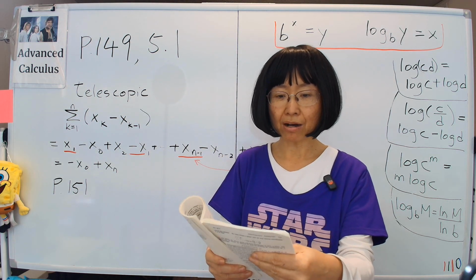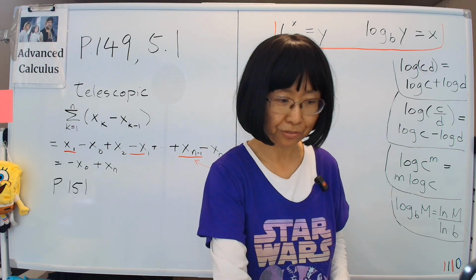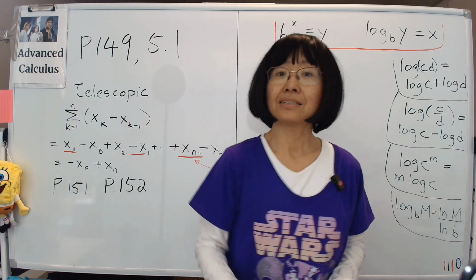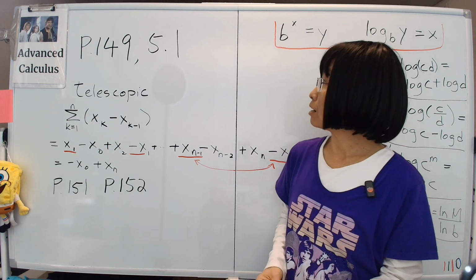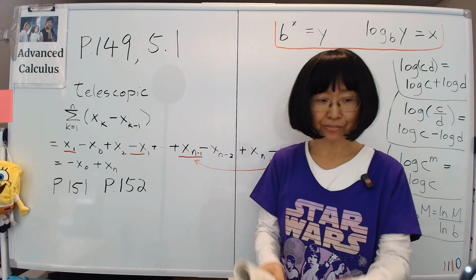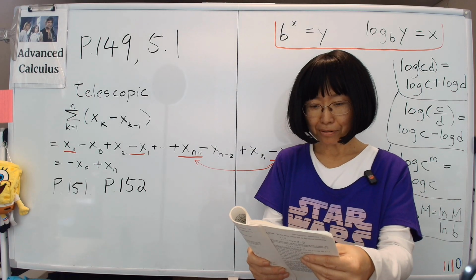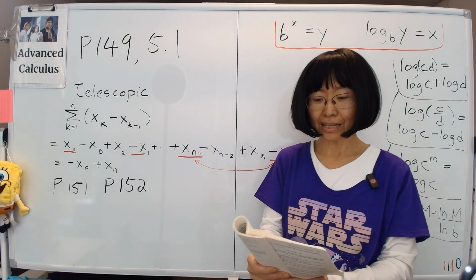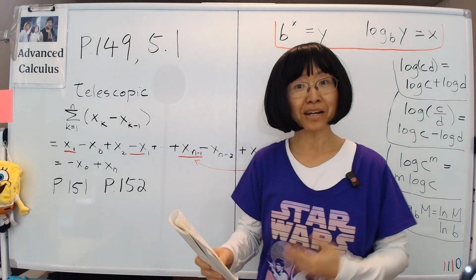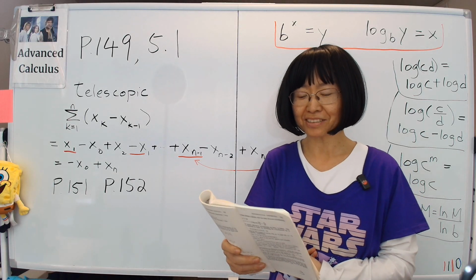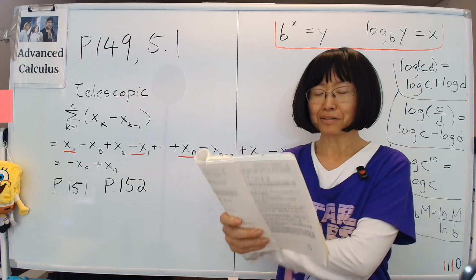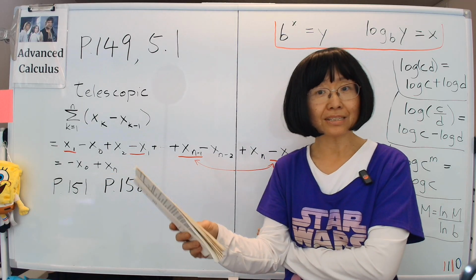And so now we're on page 152. So next, let's look at example A on page 152. Let's look at an example of this brand new Stieltjes integral that we just learned about. So the first thing we're going to do is look at something weird.